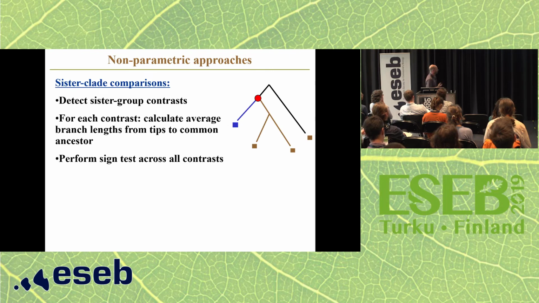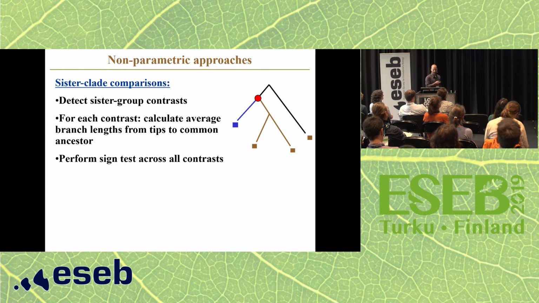Okay. So just as I mentioned, the study by Smith and Donoghue looked for substitution rate differences between herbs and trees. These authors used the sister clade contrast to detect such differences. So what does this non-parametric sister clade approach do?